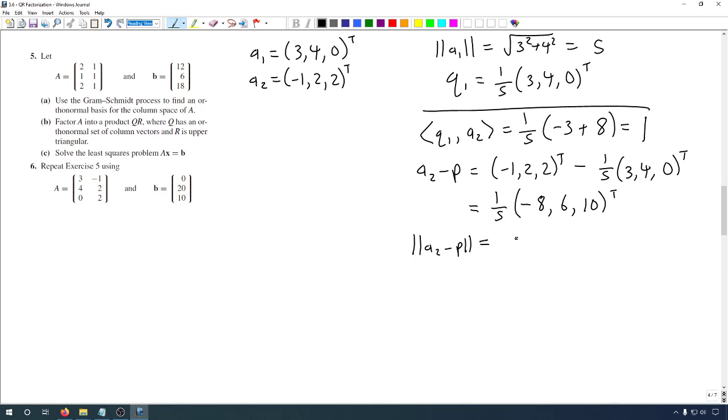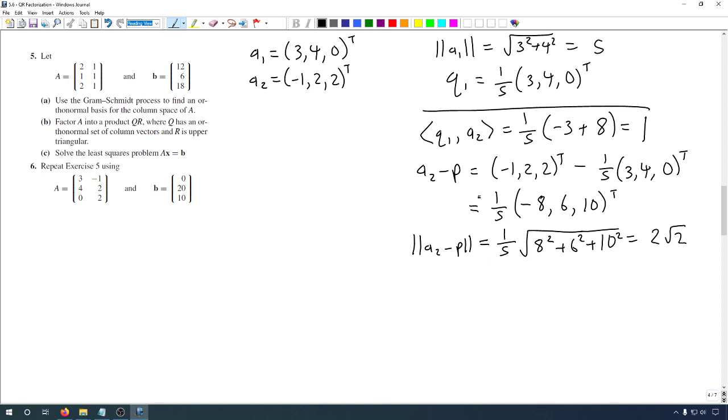So, when we take the norm of this, we have a 1/5 times the square root of 8 squared plus 6 squared plus 10 squared. Under here, I guess we get 200 under there. But ultimately, what we get when we cancel everything out is a 2 square root 2, because the 1/5 cancels out 25 from that 200.